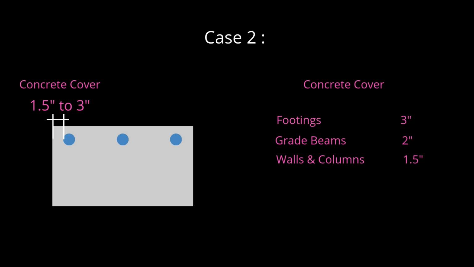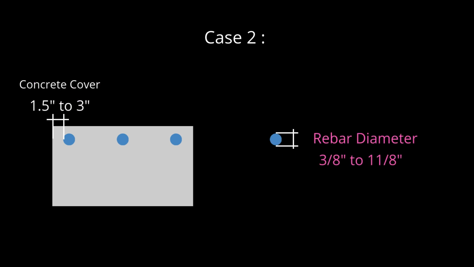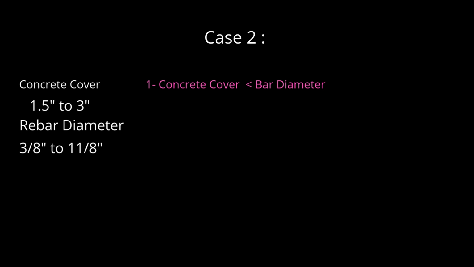This value is given by ACI, or it may be specified in project documents. Usually 3 inches for footings, 2 inches for grade beams, 1.5 inches for walls and columns. And we already know rebar diameters are 3/8 of an inch to 1 3/8 inch, and spacing of rebar can be anywhere from 3 inches to 5 feet. First condition of Case 2 is if concrete cover is less than bar diameter.